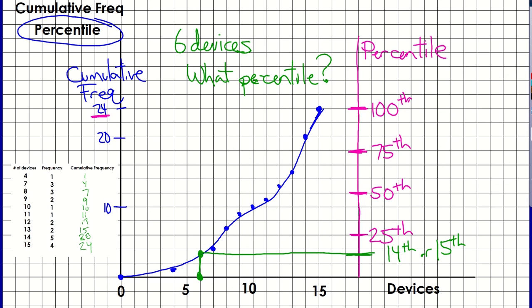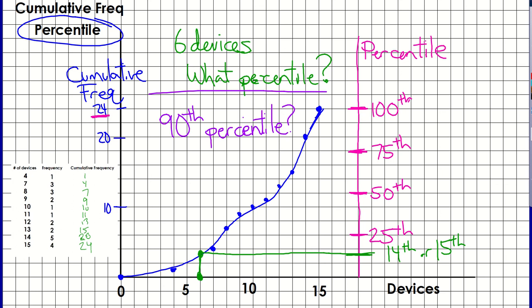So I found the value from the x-axis, and then I'm using that to estimate a value on the y-axis. We also can answer questions based on the percentile. So if I wanted to say, what would count as the 90th percentile? In order to be in the 90th percentile, how many devices would I need to have?